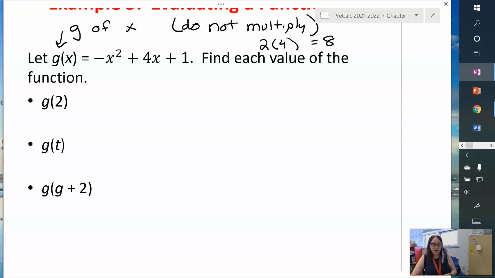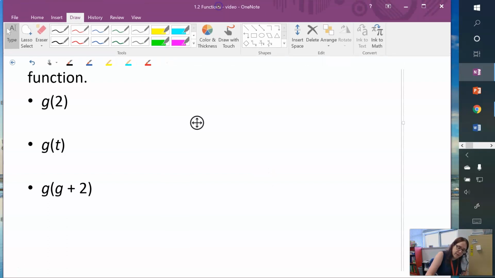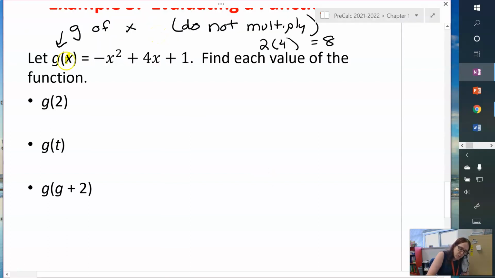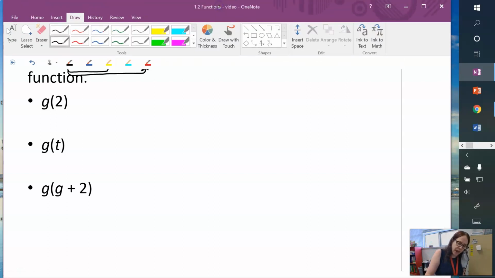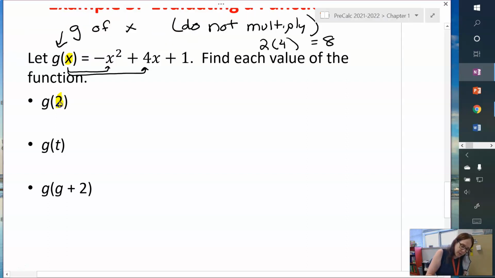That's the difference. Instead, what you do is whatever is put into the x, so whatever is written right here, you plug that into the function. So I would plug whatever's in there into there. So I'll show you what I mean. First, we have g of 2. So that means wherever x was, you're going to put in a 2.